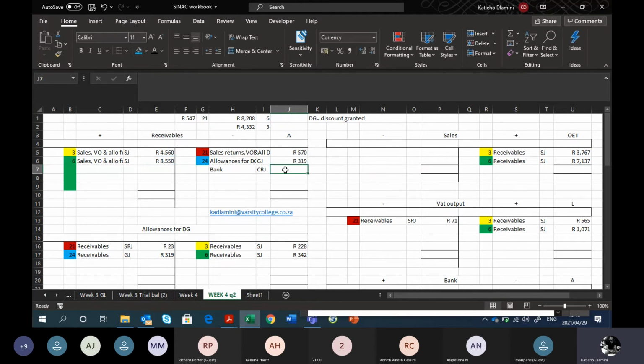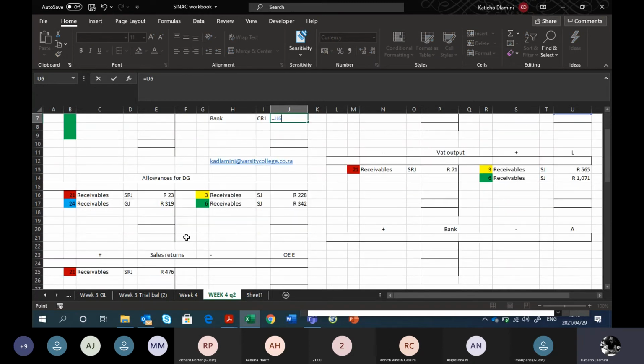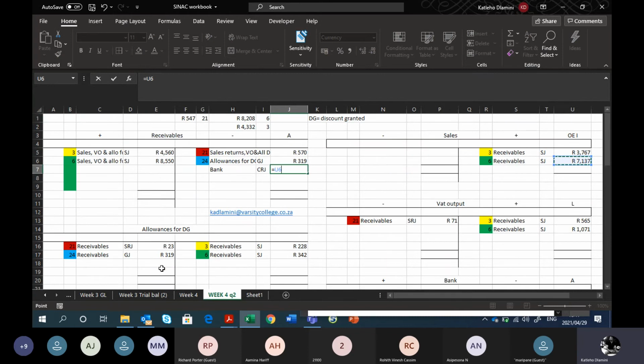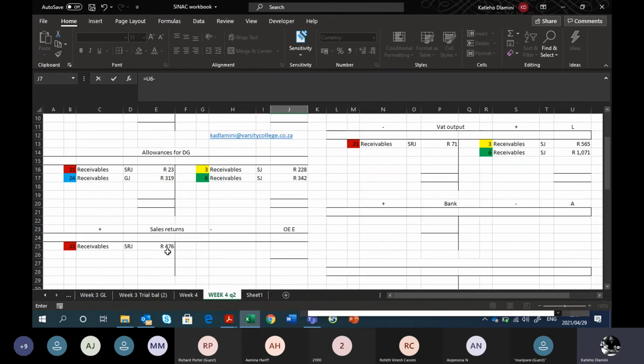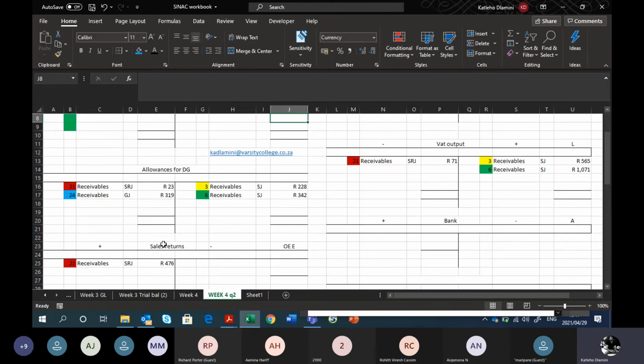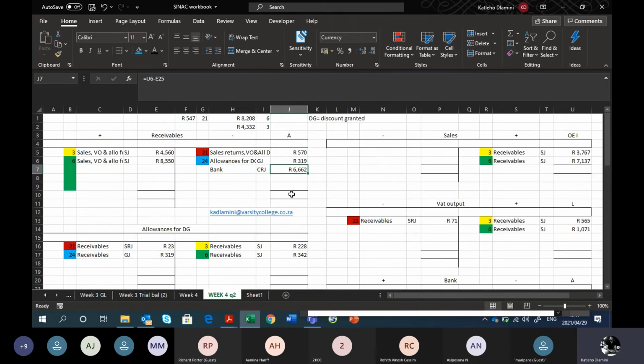Let me see, how much is my sales? My sales is sitting at 71 whatever, and then I have sales returns there. Or maybe I should do it step by step. Minus my sales returns, I have 662. But also there's the VAT.